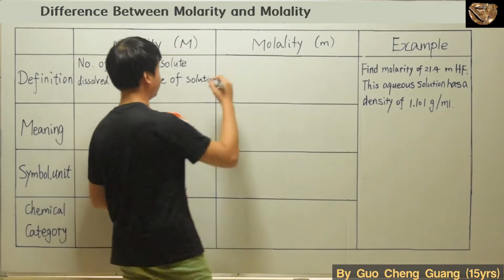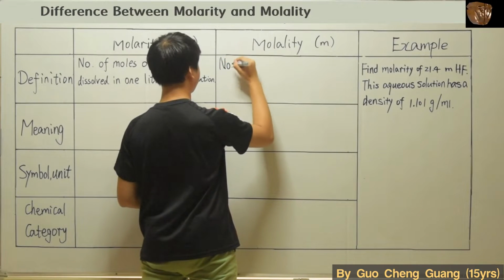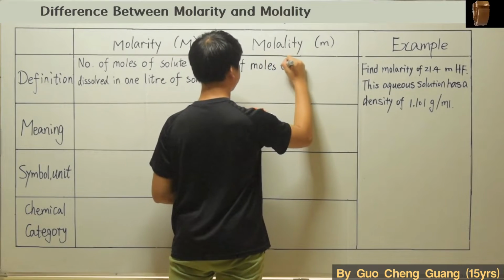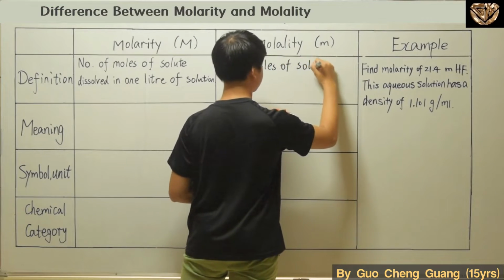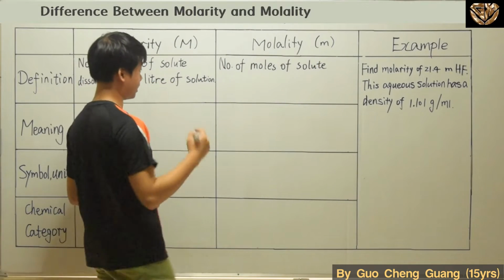Now molality, it is also the number of moles of solute. So the first part is the same, but the second part is different.